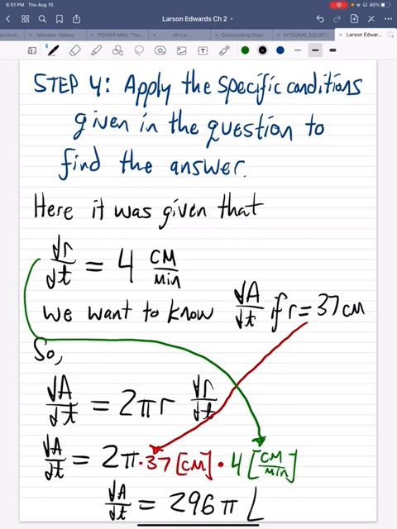And here we actually multiply the dimensions. It's centimeters times centimeters, which is centimeters squared per minute. And that's our final answer.